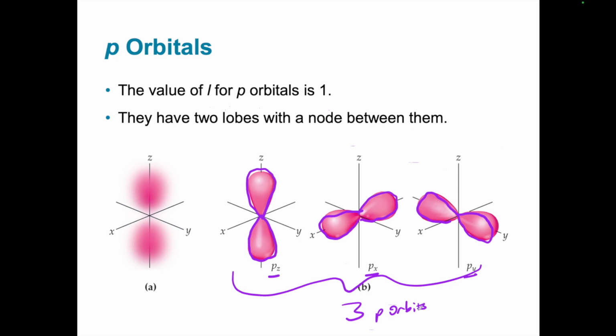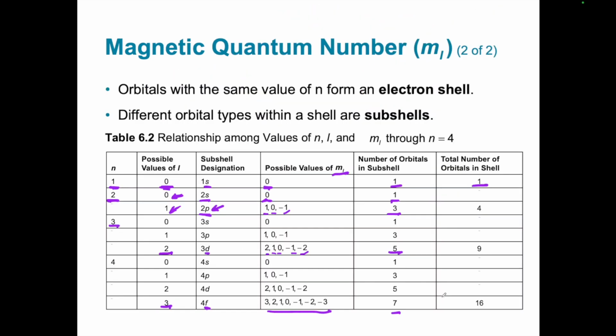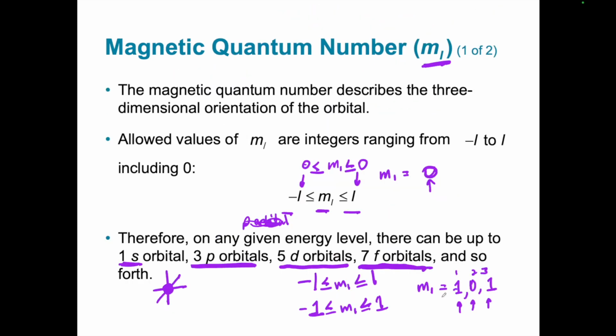And then why is that important? That's important because remember just a few slides ago, we did the m sub l prediction. Right here, the m sub l prediction. And here's our one for the p orbital. I should write that, p orbital.